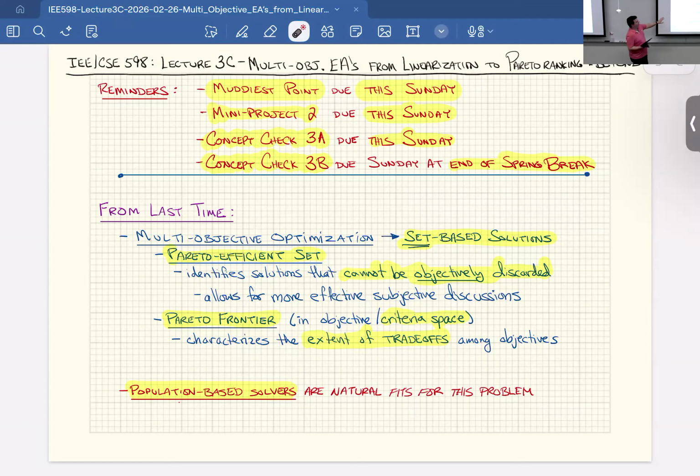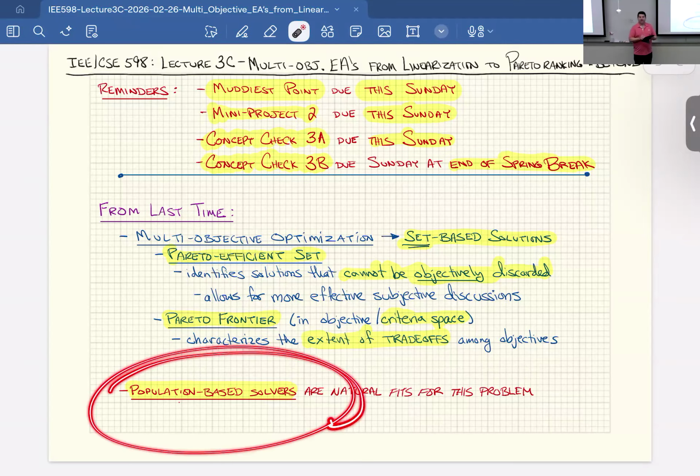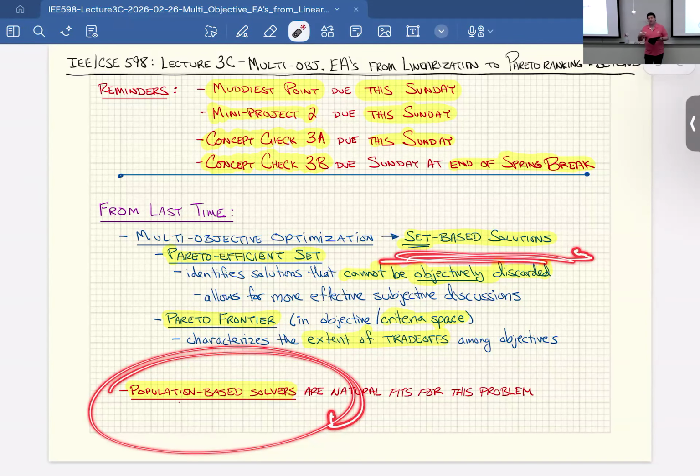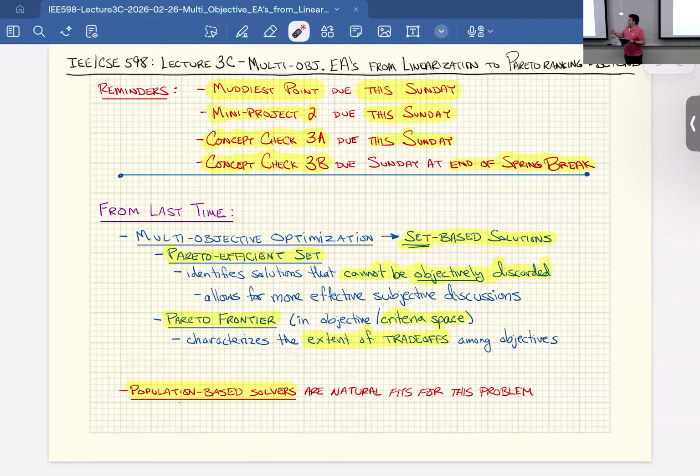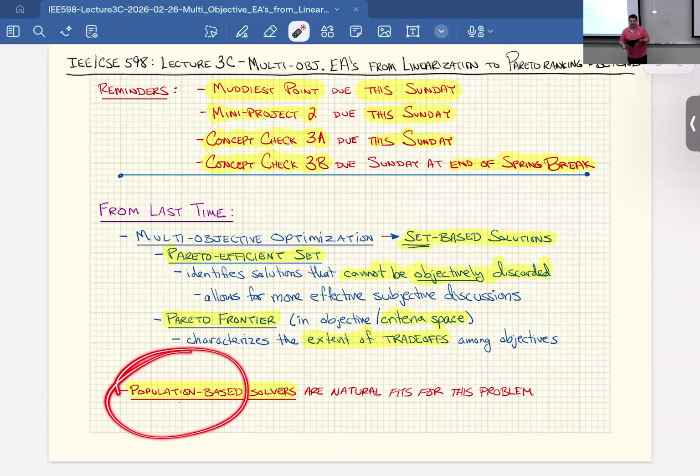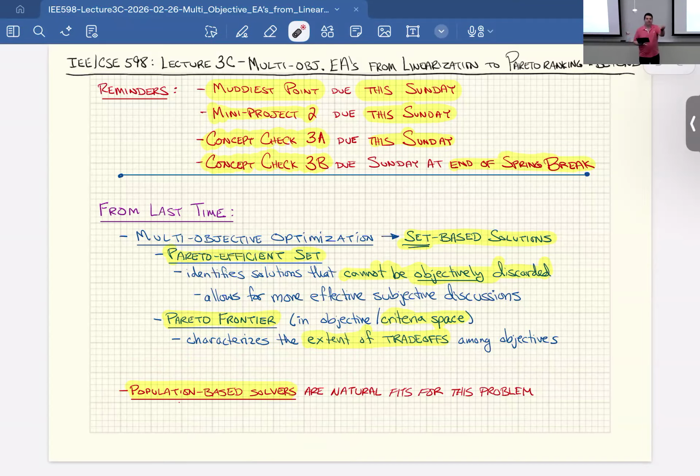And the nice thing about population-based solvers or evolutionary algorithms is that they naturally have set outcomes. So up until this point, we've been taking advantage of populations and evolutionary algorithms as cute ways to sample the space and move the mean, to move the center of the population around in an effort to find one good solution.